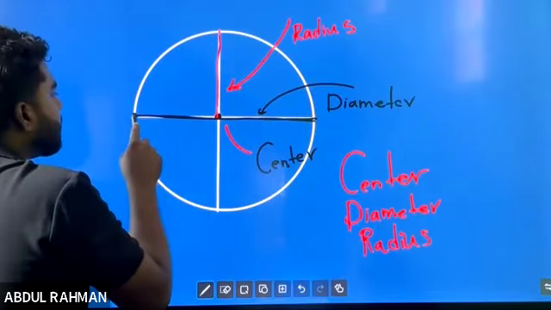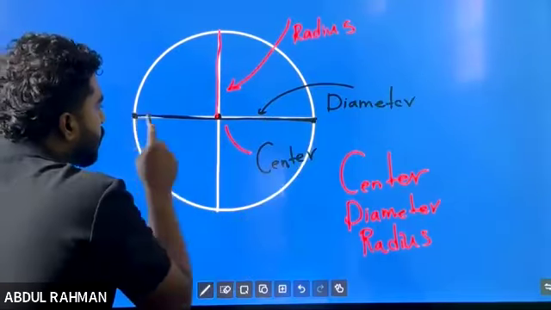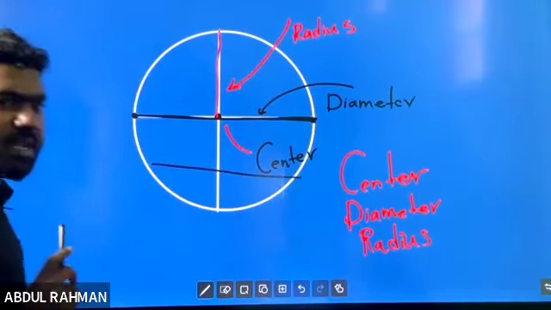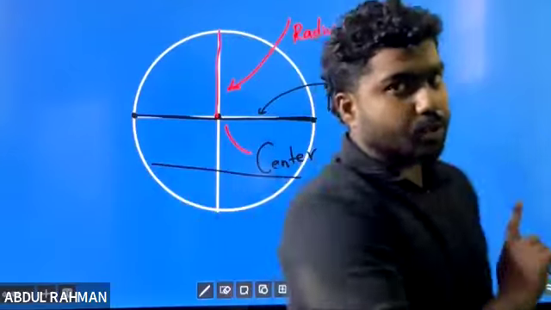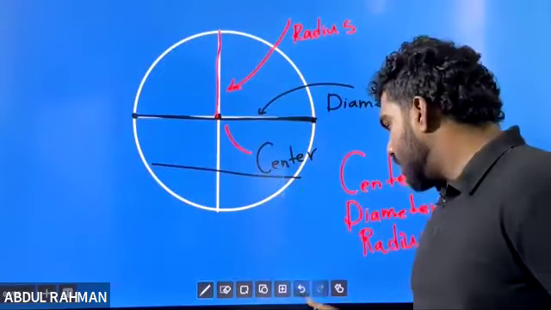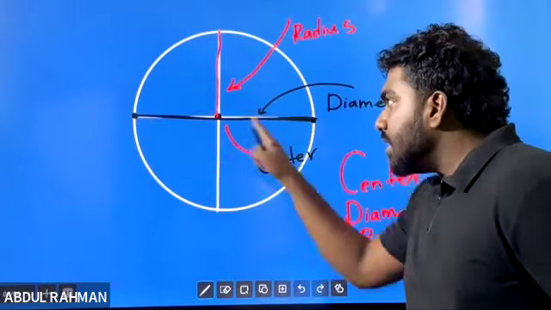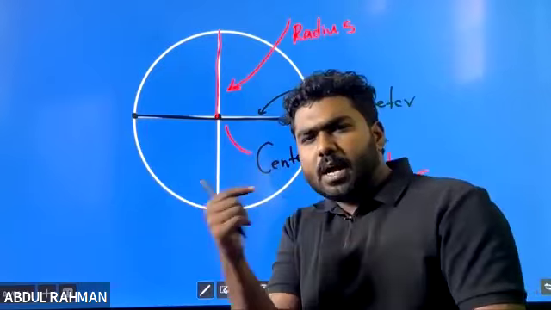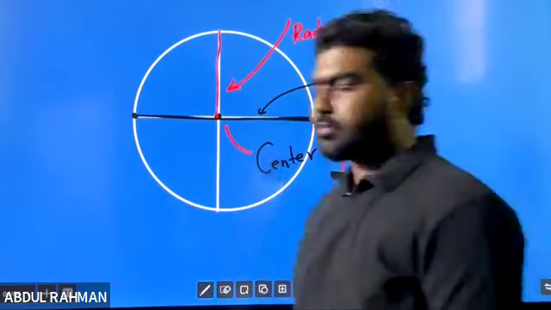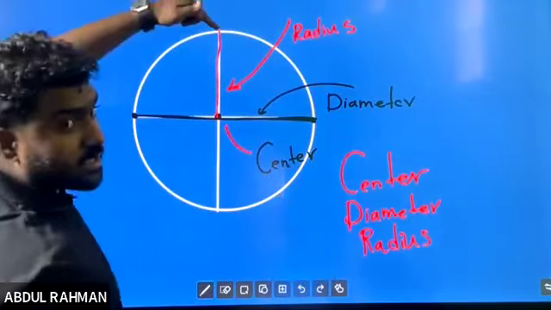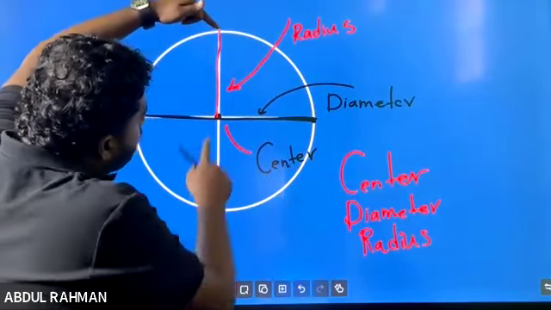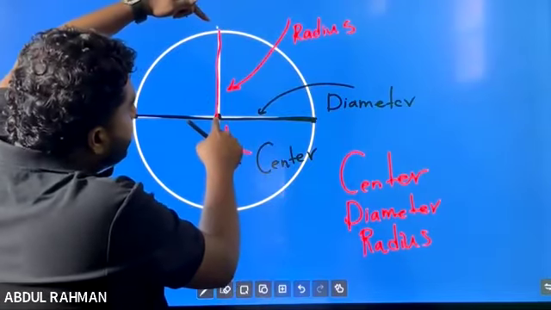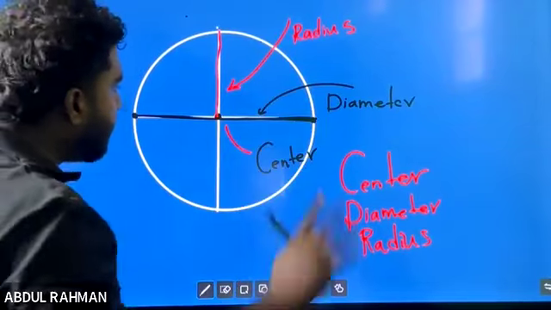From this portion to this portion, through the center. It should pass through the center. I can't call this a diameter because it's not passing through the center. A line which passes from one point to the other through the center, I call a diameter. And the distance from the circle to the center, I call the radius.